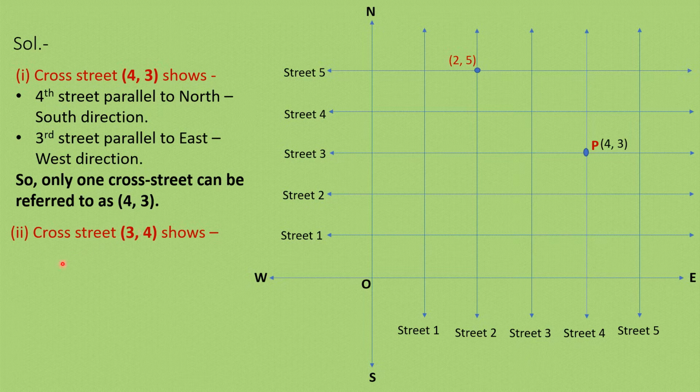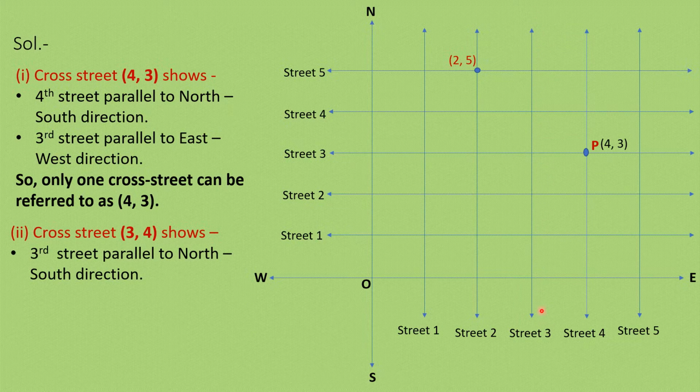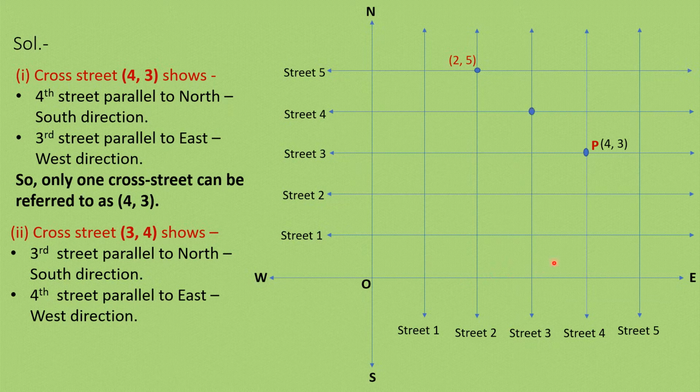Now in the second part they have asked how many cross streets can be referred to as 3, 4. The same convention we will use. 3 means street number 3 parallel to north-south, so this street. And 4 means the street parallel to east-west, so number 4 is here. So the point of intersection will be this.